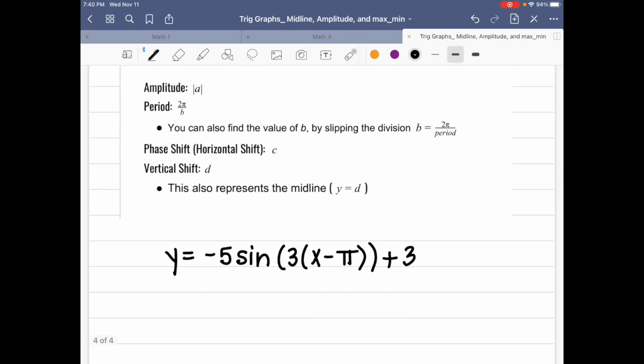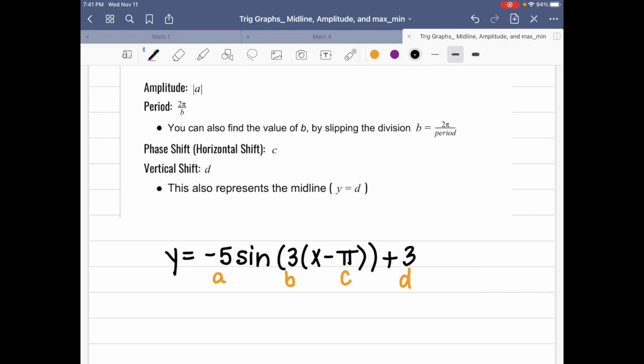So when I'm looking at these parts of a trig graph, the first thing I need to do is identify what my values are. So I have my A, my B, my C, and D. I have my amplitude. Now remember, my amplitude is how far above the midline and how far below the midline my wave goes.